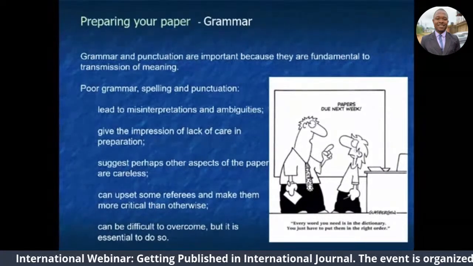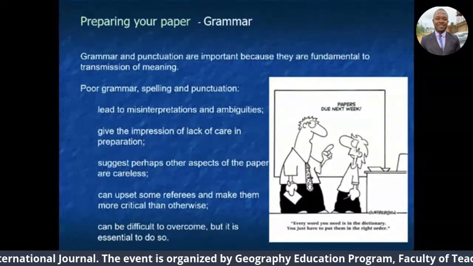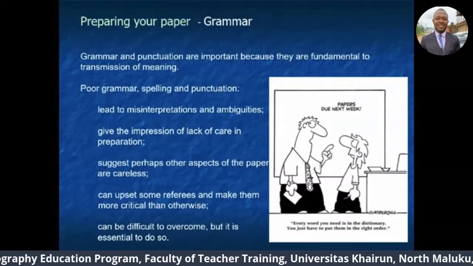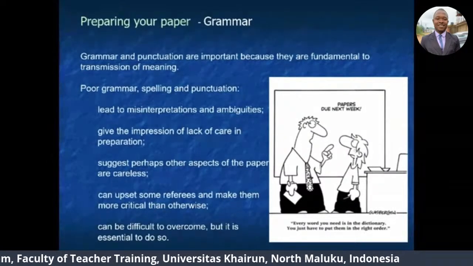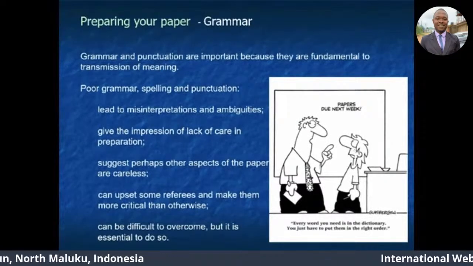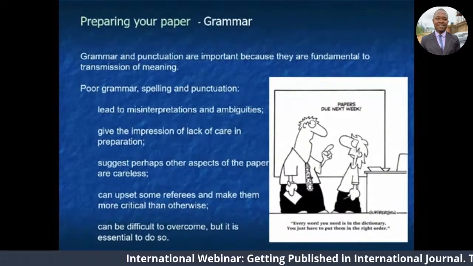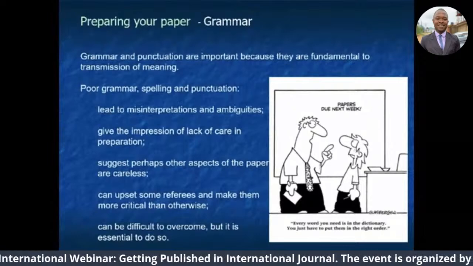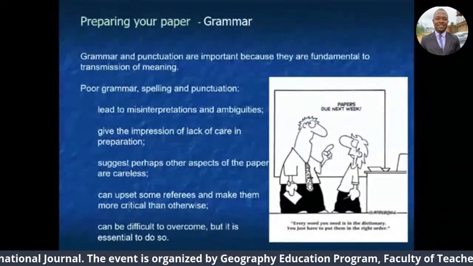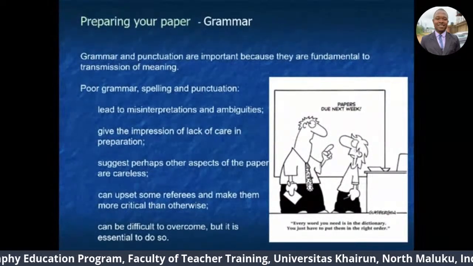This is one of the major reasons why a lot of international journals reject papers, most especially from authors coming from a non-English speaking background. If you are going to publish in an international journal whose major language is English, you must make sure that the paper is prepared well.